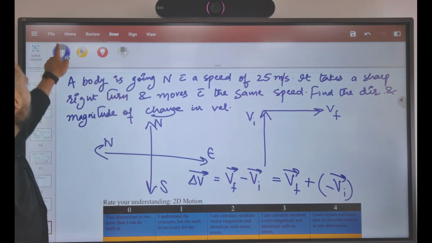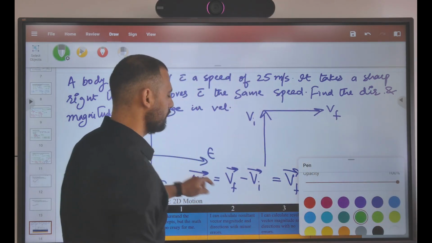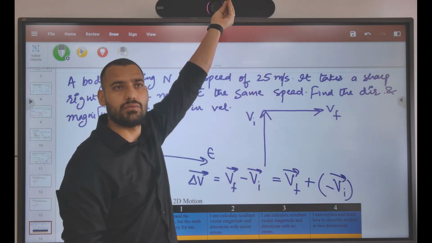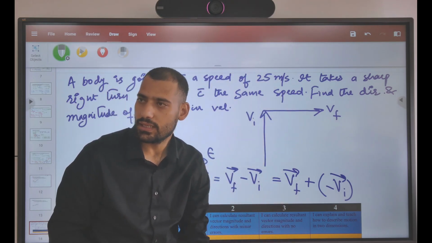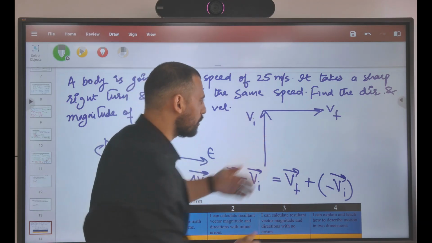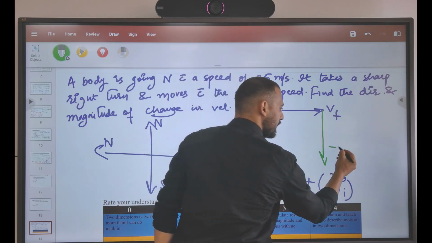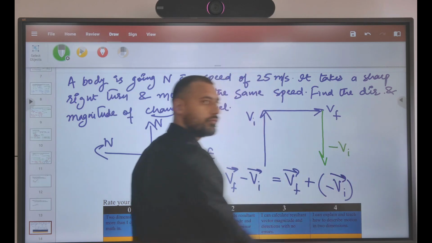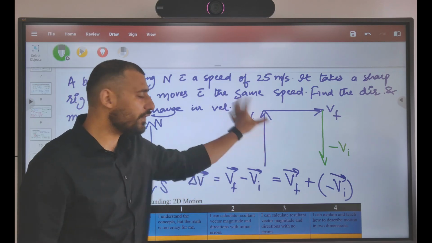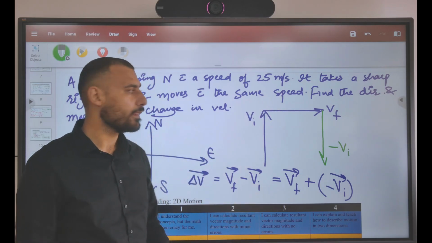The negative initial velocity will be something like this. See? If this is Vi, initial, what will be its negative? South, isn't it? An arrow of the same length but in south direction. So I draw it here. Is that fine? Is that clear? This will be negative Vi. Fine? You can draw it here as well, no problem. But then we have to find the resultant. So that is why I drew it there. I drew it here. Is that fine?